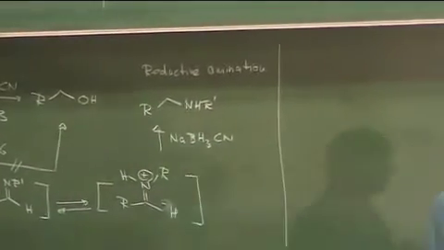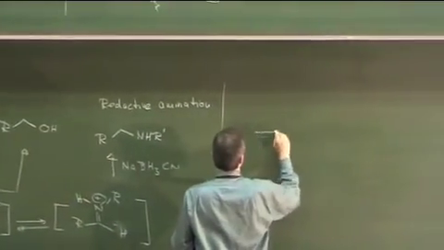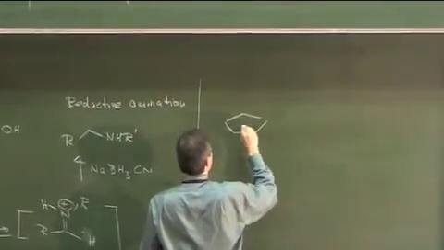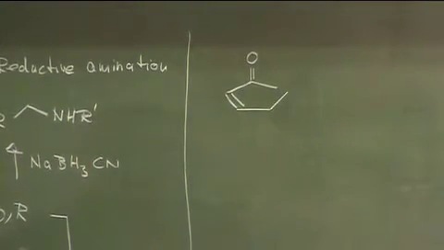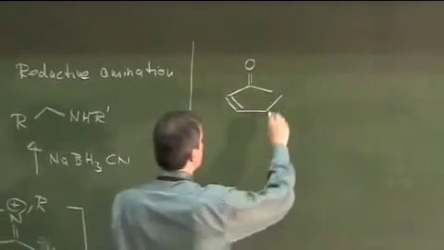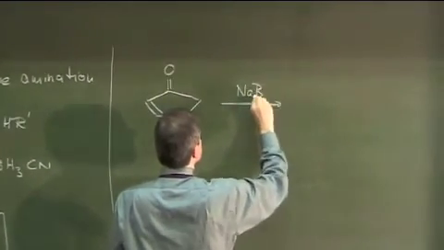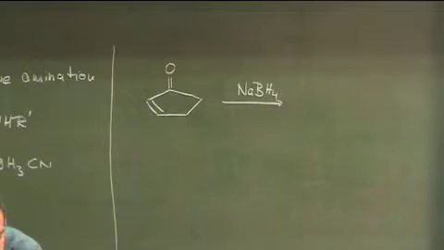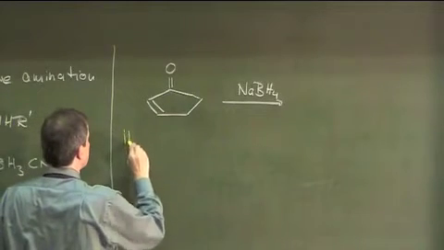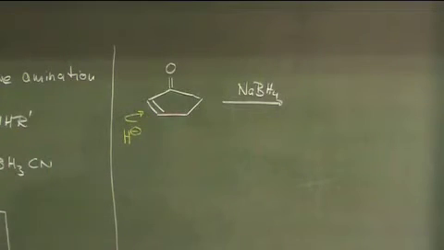Now let's look at another example with sodium borohydride. And let me introduce another variation. If you have an alpha-beta unsaturated ketone, like cyclopentenone, we have in principle the possibility that the hydride can react here.